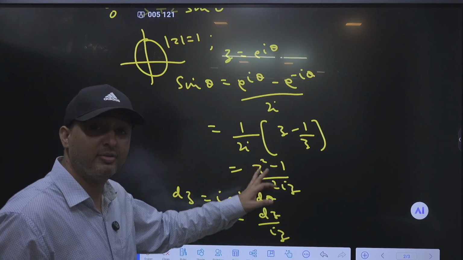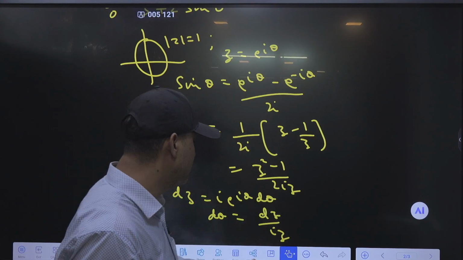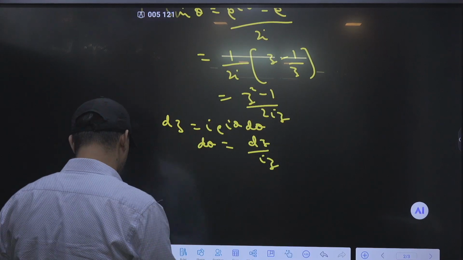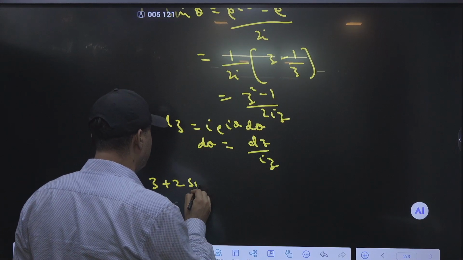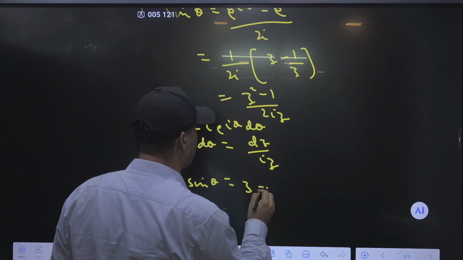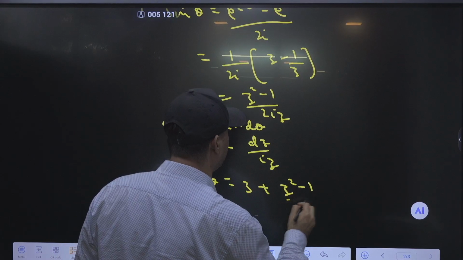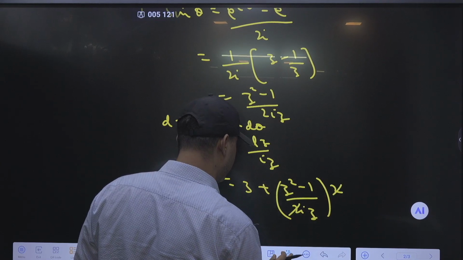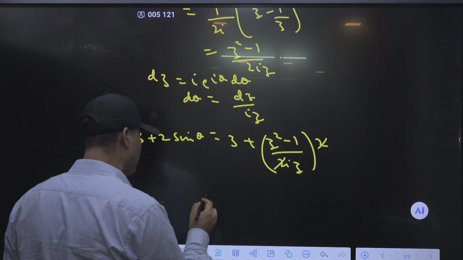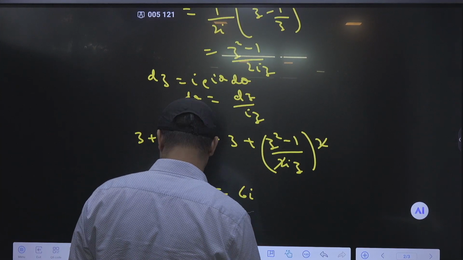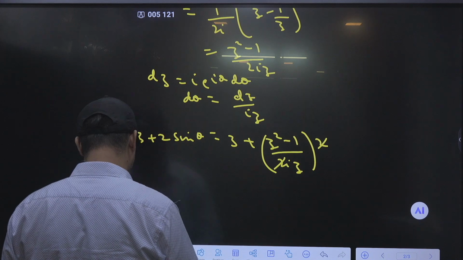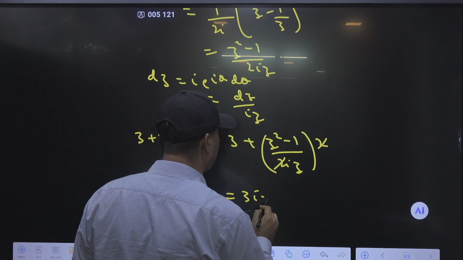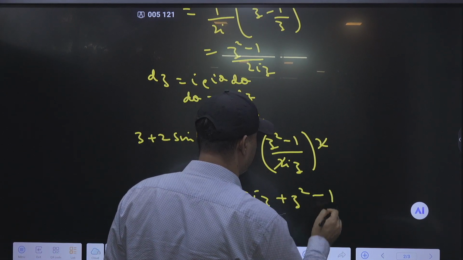I also want the value of 3 plus 2 sine theta. So 3 plus 2 sine theta is equal to 3 plus (z square minus 1) upon 2iz into 2. So 2 gets cancelled. So I have 6iz, no, it's 3iz plus z square minus 1 upon iz.